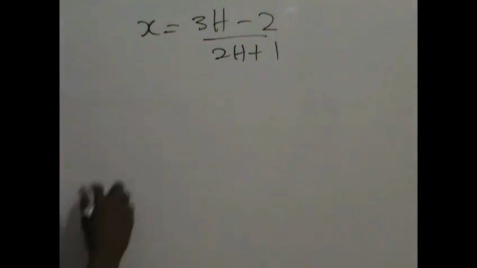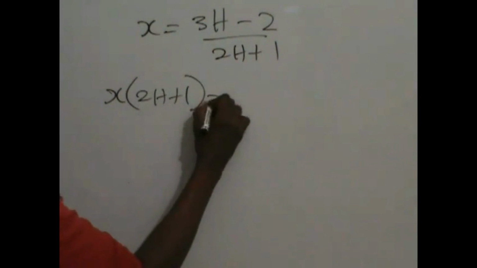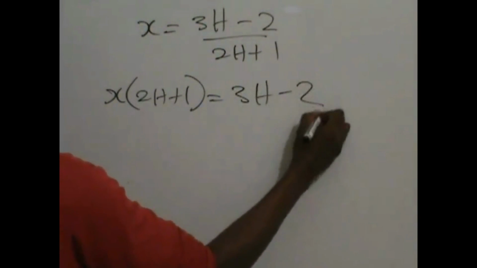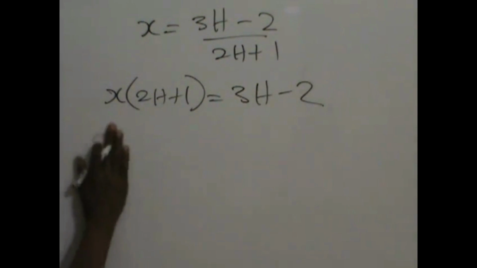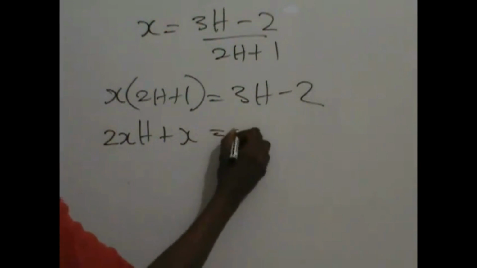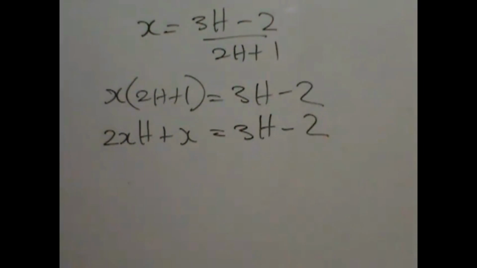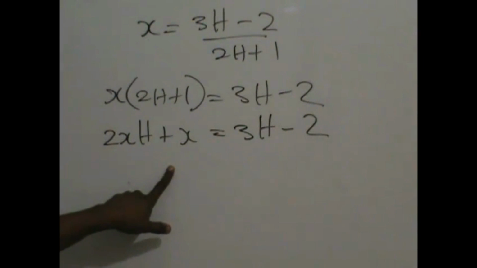So we cross multiply x into 2H plus 1 equals 3H minus 2. And we multiply this out now, we get 2x times big H plus x is equal to 3 times big H minus 2. And now we want all the big H's on one side. So what we're going to do is take the minus 2 across here and make it plus 2.